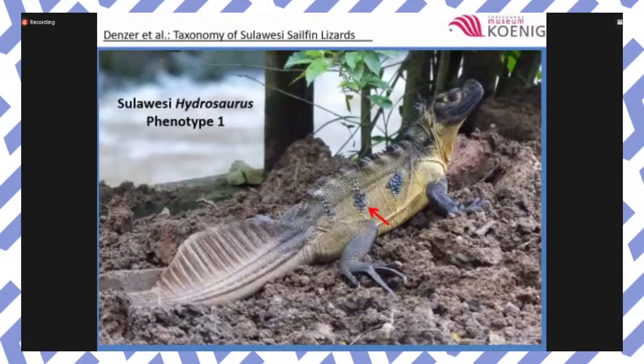And here in this case, they are even dark on the rather bright background color. And the eye is not blue, a bit difficult to see here. But there is a nice crest on the nose, which was not present in the population from Ambon I showed you before.